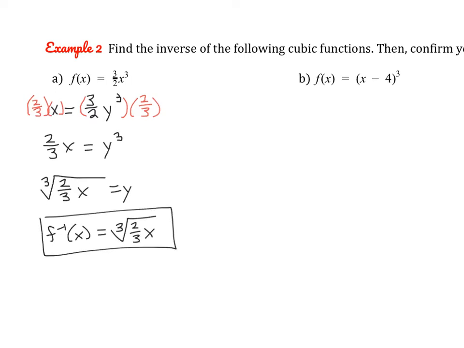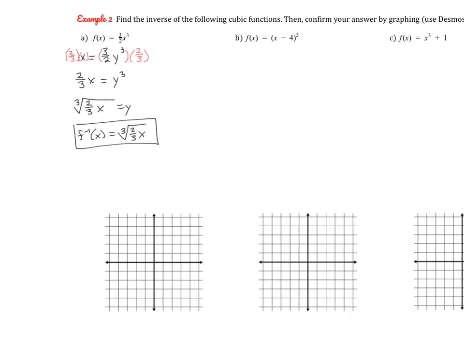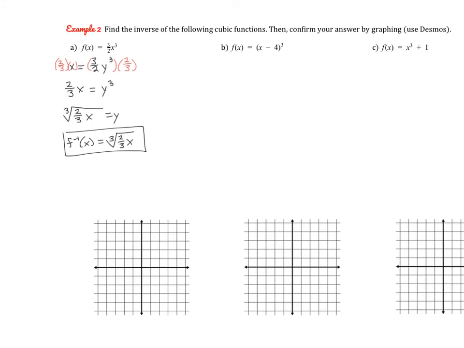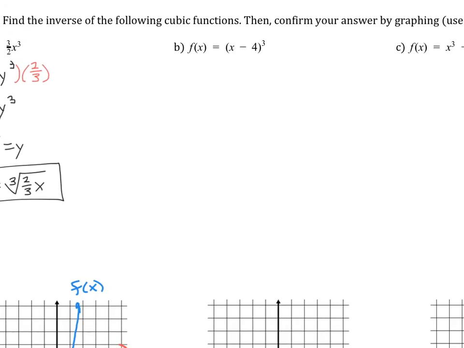All right, so now let's look at what these graphs look like to see if our answer is correct. Again, we can use Desmos to graph this, but roughly this is what the graph of f of x looks like, and then this is what f inverse of x looks like. You can see it is reflected over that line, y equals x, so we know that our answer is correct.